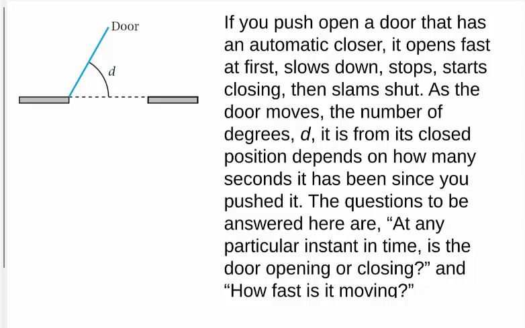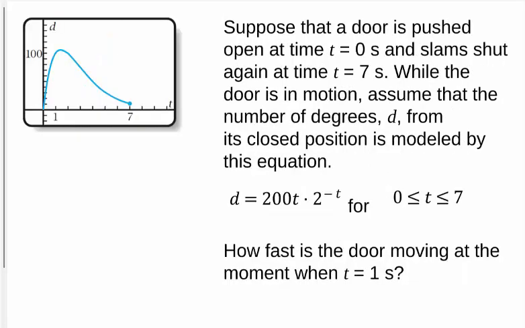Okay, so let's take another look. Here is an equation that models the number of degrees it is from its closed position in 7 seconds. We push it open at t equals 0, and it slams shut at 7 seconds.